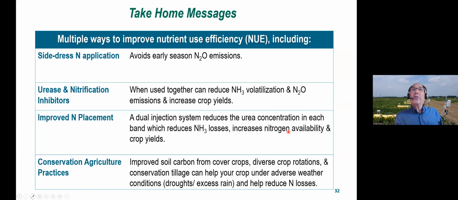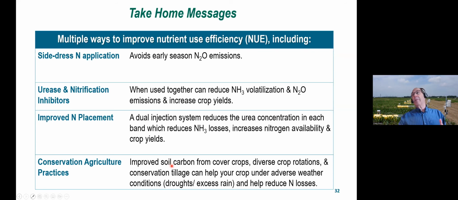Take-home messages: side dress application avoids early season N2O emissions because you've missed that time period that could be lost. I really promote, if you're going to use inhibitors, try to use a combined urease and nitrification inhibitor. Look at improved placement, as we talked about, not only placed in the soil, but if you can, modify and have a dual injection, and use these conservation ag practices to improve soil carbon from cover crops or diverse crop rotations and conservation tillage.